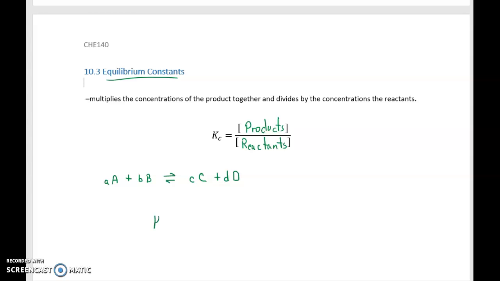The equilibrium constant is going to be equal to the products, which are C to the c power, and D to the d power, divided by A to the a power, and B to the b power.